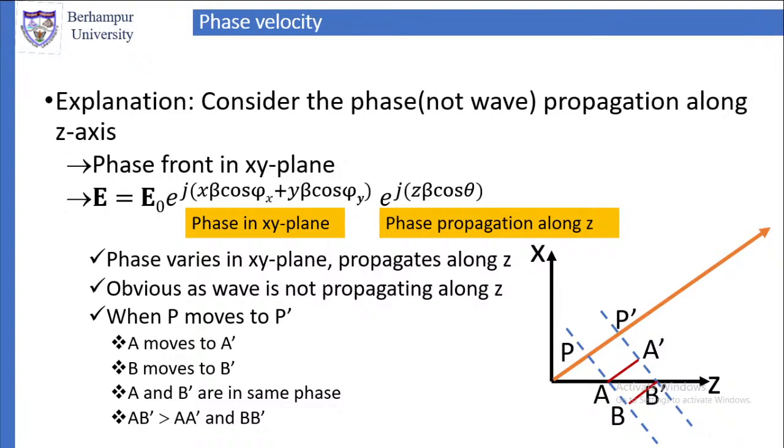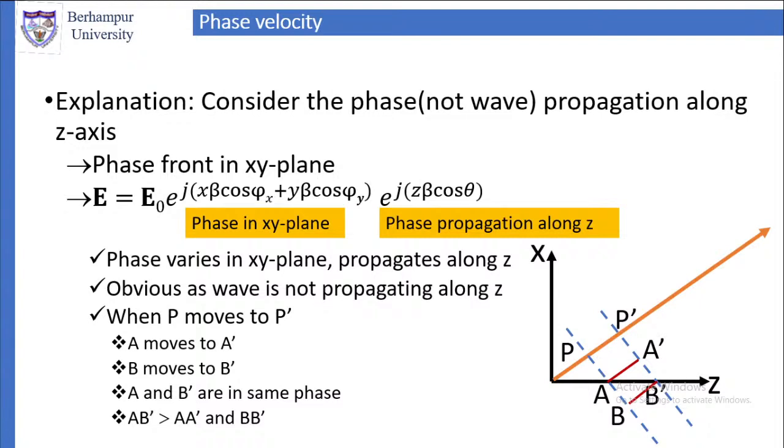Next question comes, when will it be equal to the velocity of the wave? If we move the orange line that I have shown towards the z-axis and align it with the z-axis, then the wave will move along the z-axis and the phase also will move along the z-axis.